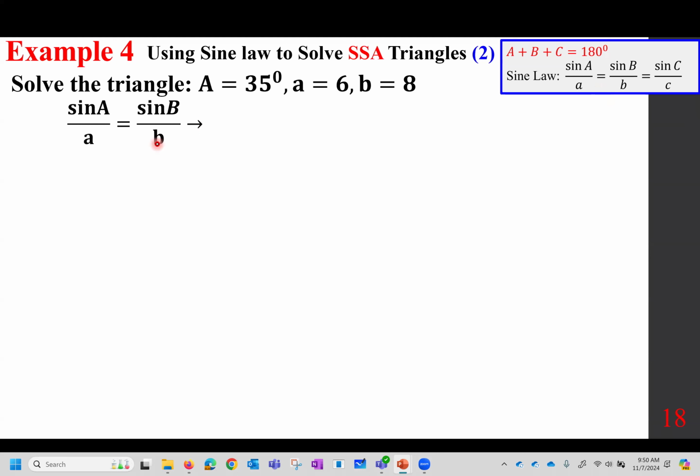Let's plug it in. Sine of 35 degrees over 6 is sine of B, which is missing, over 8. Cross product. This 2 is equal to this 2. Therefore, sine B is 8 sine 35 divided by 6.